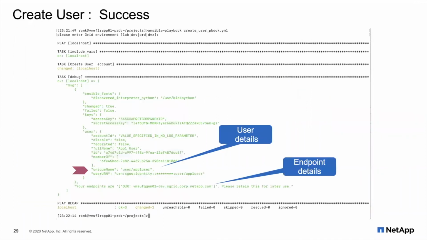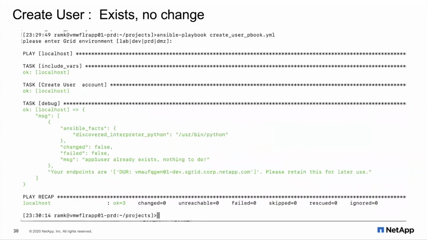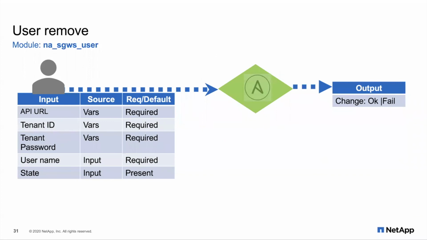And here's the output from that module. When the user does not exist, it creates the user and gives you the output. And for the condition where the user already exists, no action or no change, right? So here you note that app1 user already exists. And moving on to deleting the user.